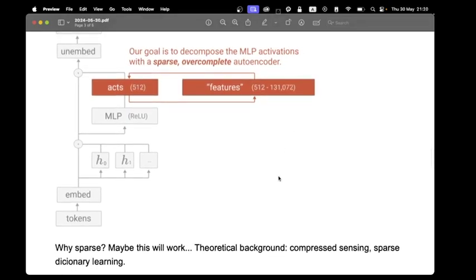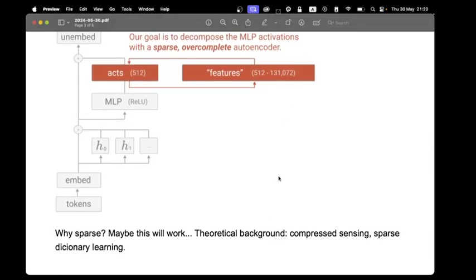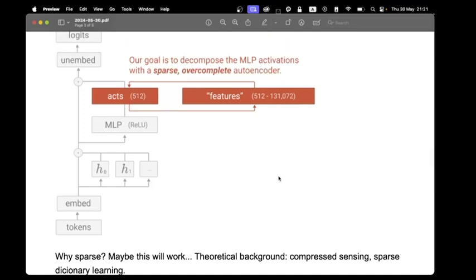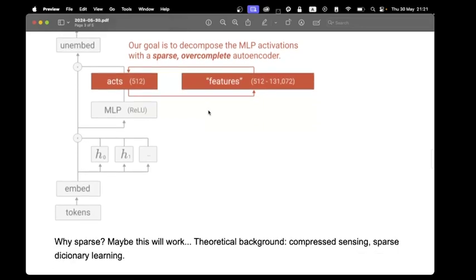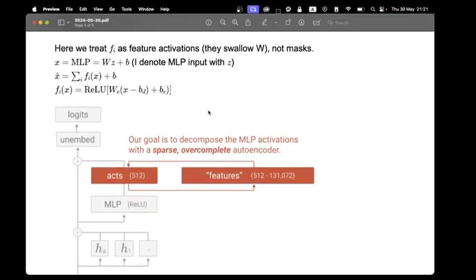I think we want sparsity because it has nice technical properties, as in it's easy to work with, and because it seems to work in many domains. Basically, sparsity is not the only approach to encoding here, but I think the authors chose it because it seems broadly nice. That's the way I read that.